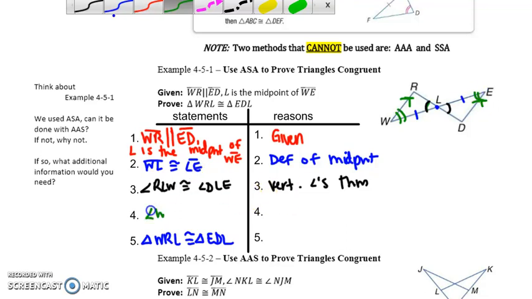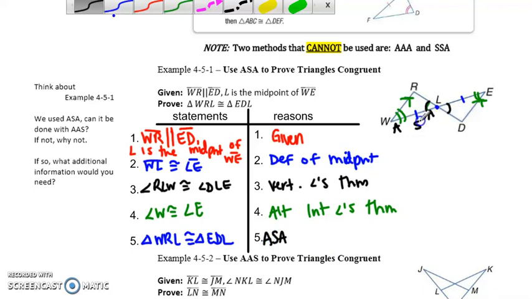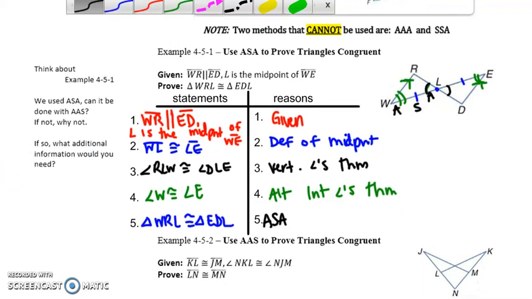So angle W is congruent to angle E, by the alternate interior angles theorem. And then lastly, we now have an angle, a side, and an angle. So it's angle, side, angle in that order, because this is an included side between the two angles.